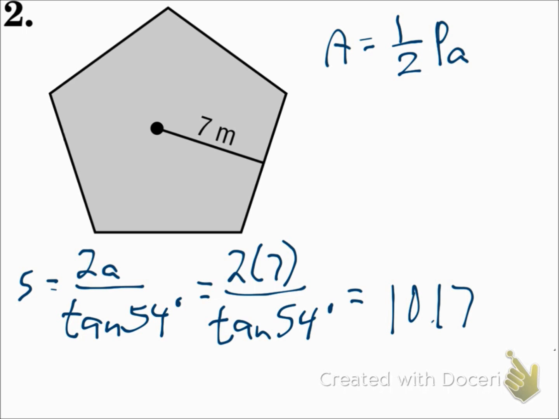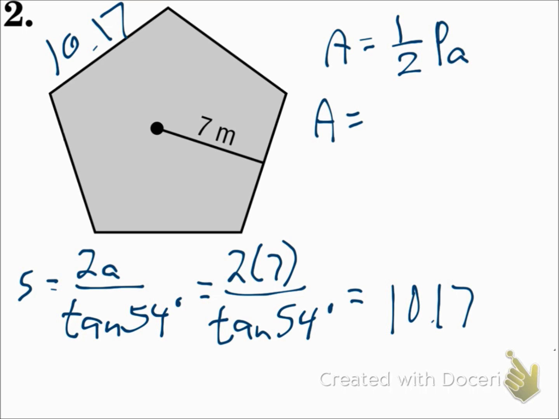So if one side is 10.17, multiply by 5 to get about 50.85 for the perimeter.